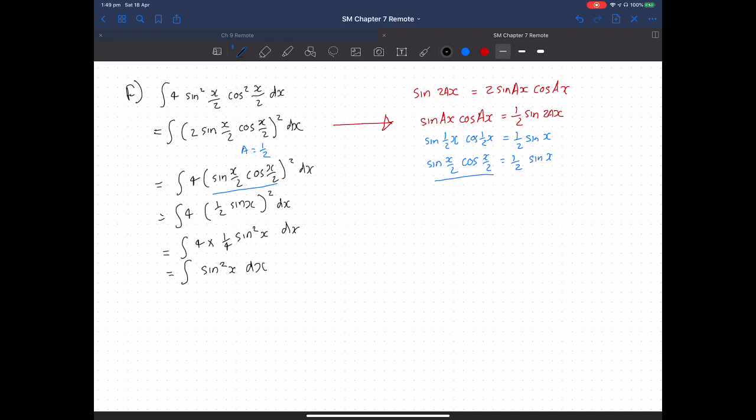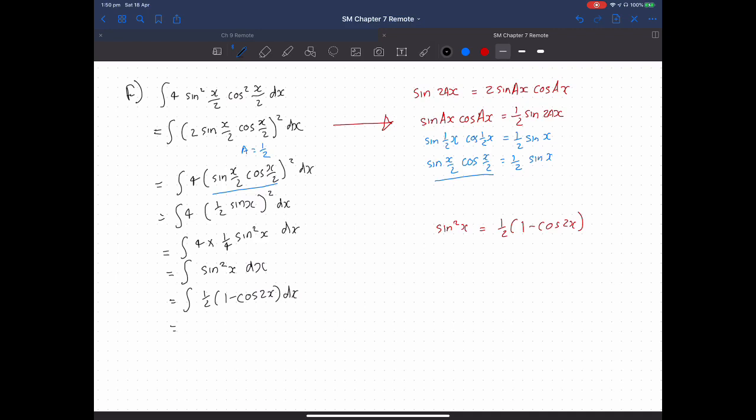Now, using our double angle formulas again, we know that sine squared x is equal to 1/2 times 1 minus cos 2x. This is the question we solved in part A. So I'm going to replace sine squared x with 1/2 times 1 minus cos 2x dx.